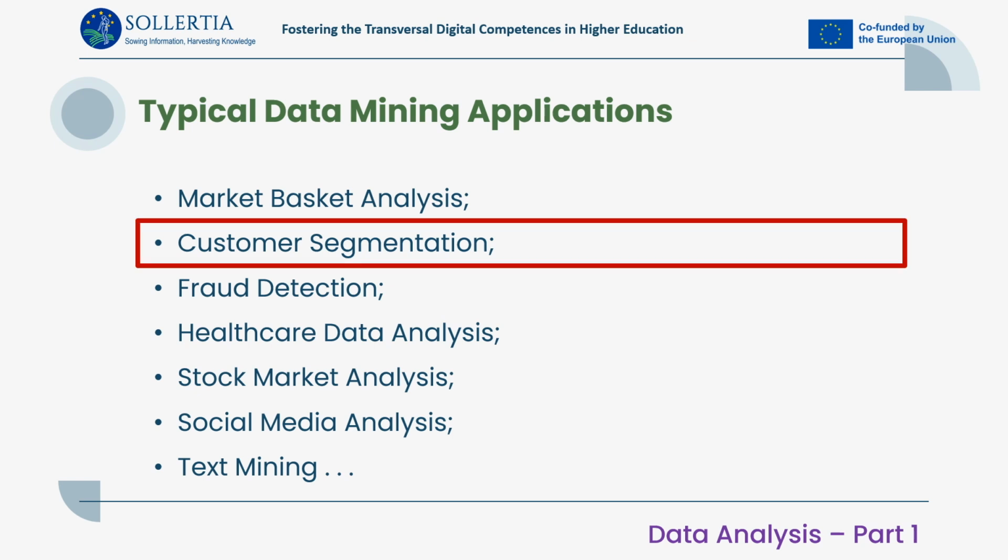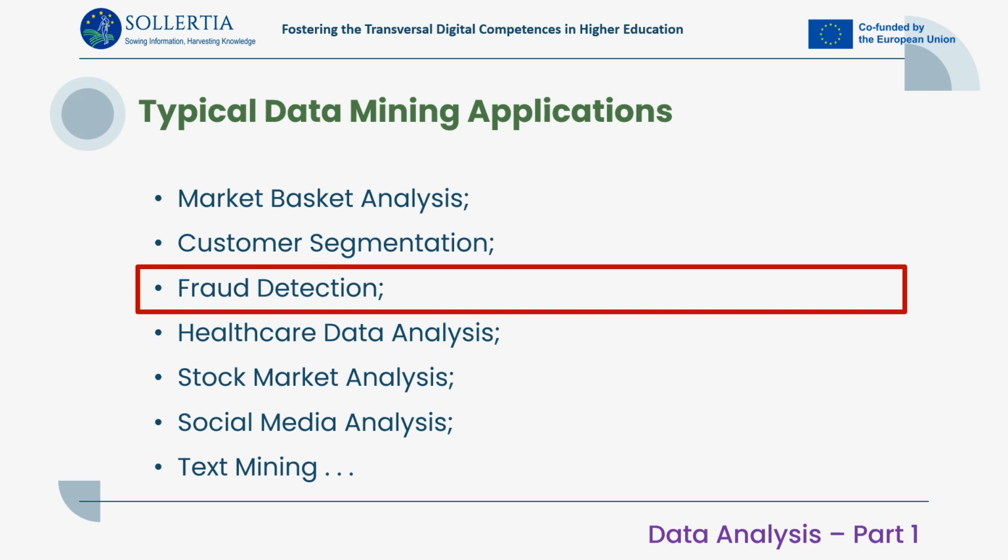Businesses use data mining to segment their customers into distinct groups based on similarities in behavior or preferences, enabling more targeted marketing strategies. Financial institutions employ data mining to identify unusual patterns in transactions, which could indicate fraudulent activity.